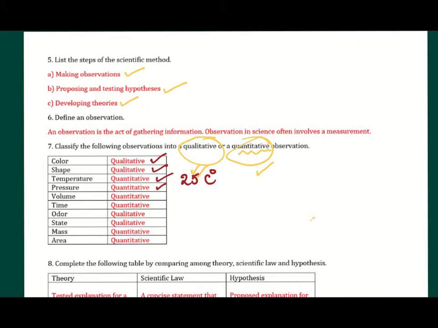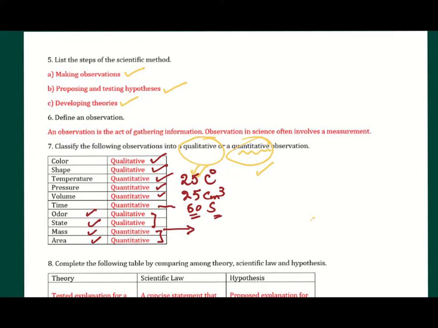Volume: this tube can carry 25 cubic centimeters of water, so volume is a quantitative measure. Time: I can say 60 seconds, 1 hour. It has a unit and a value. While order and state are qualitative, mass and area are quantitative.